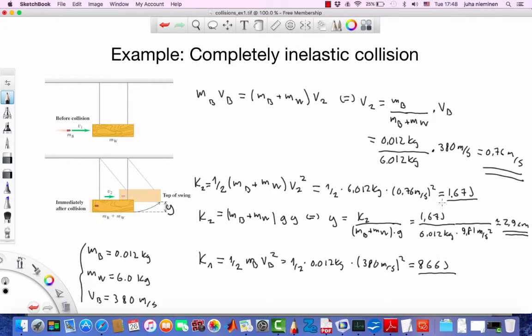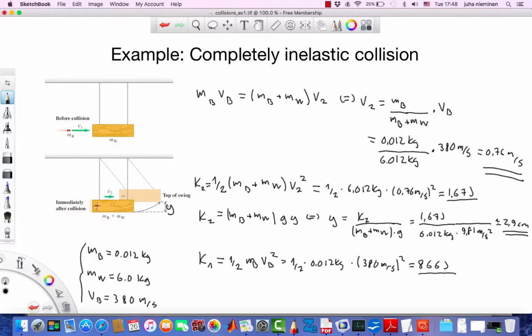So we see that only a small fraction of the kinetic energy is conserved for the pendulum to swing up. Most of it is dissipated in the wooden block when it deforms and warms up, and also the bullet will deform and warm up due to the interaction.